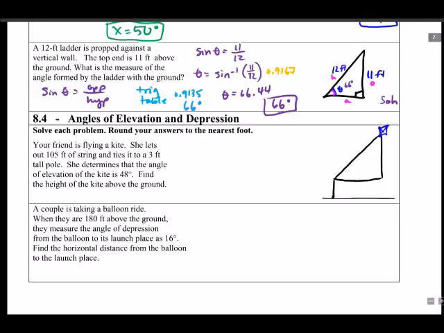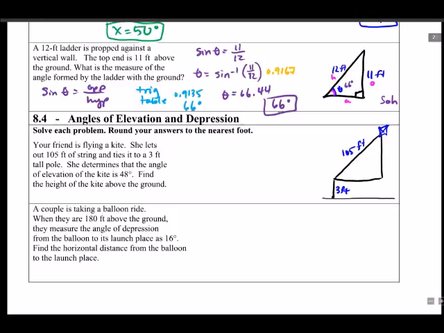What do we know? We know this is 105 feet of string. We have a 3-foot tall pole, and it determines the angle of elevation.